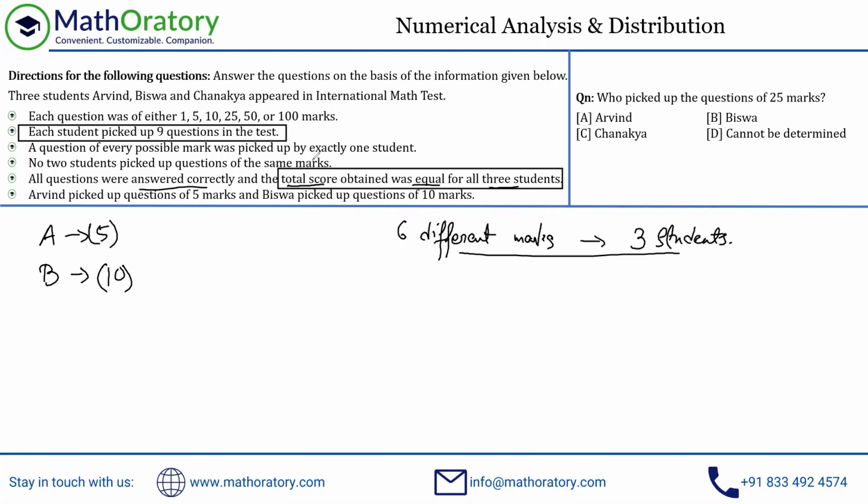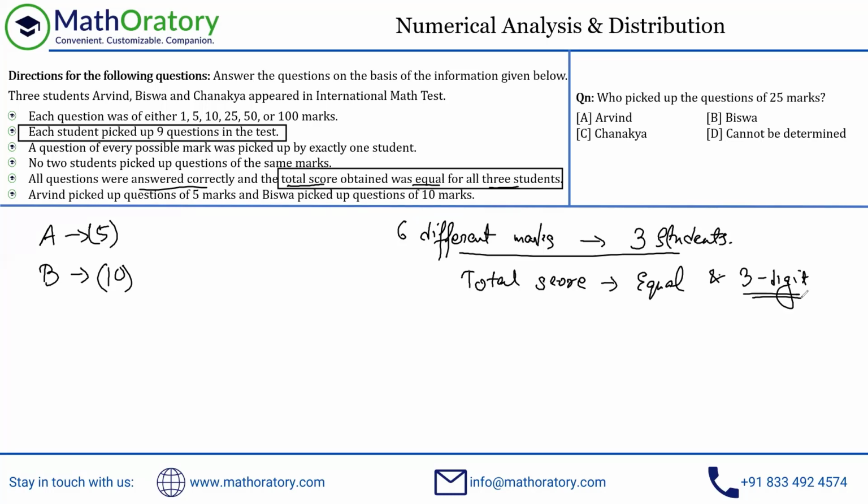So the total score, whatever it is, will be equal for all the 3 people, and also greater than or equal to 100. What I mean by that is it will be a 3-digit number. It cannot be 4-digit, of course. Even if somebody picks up 9 questions of 100 marks, that's 900 marks. That's all we have, right?